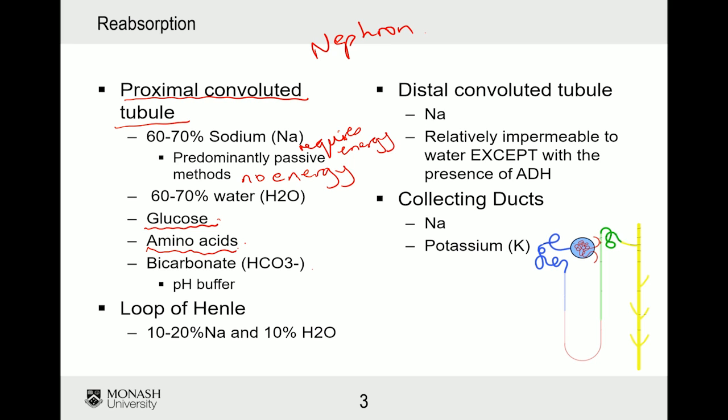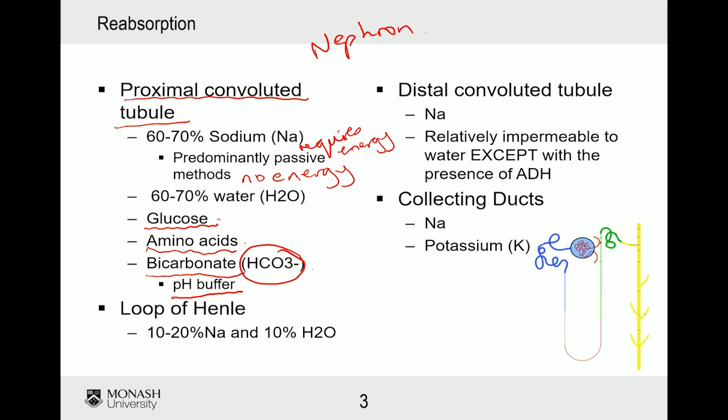Amino acids are the building blocks of proteins, and these generally have the same amount of ion channels as there are amino acids, so we don't have many of them in the urine. And bicarbonate, we'll talk about a bit further on. It's something called a pH buffer. It is used to look after pH and keep the number of hydrogen ions within the range that is best for our body.